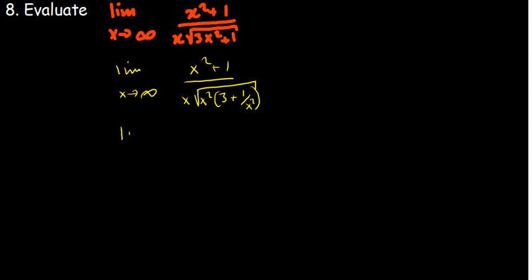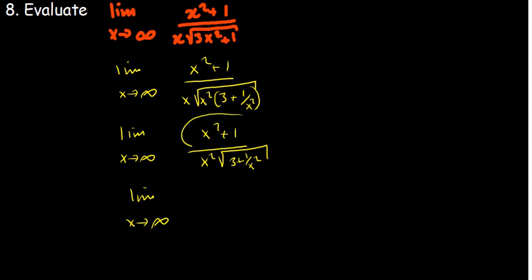And this will give us the limit as x approaches infinity of x squared plus 1 divided by the square root of x squared, which is x. And that x multiplies with this x. That is going to give us x squared. So we're going to have x squared, and then we have got a root of 3 plus 1 over x squared. And so we are going to have the limit as x approaches infinity.